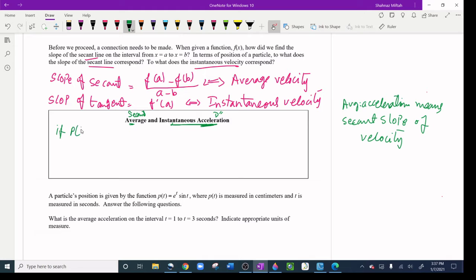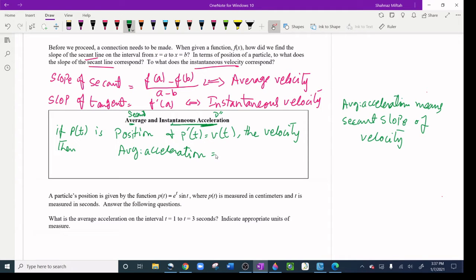So let's try. If p of t is position, and p prime t is equal to velocity, then average acceleration is equal to velocity of a minus velocity of b over a minus b.